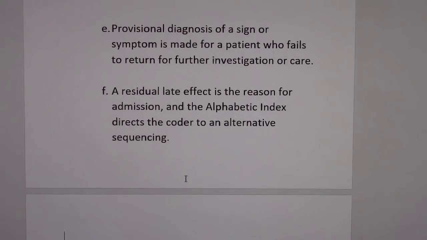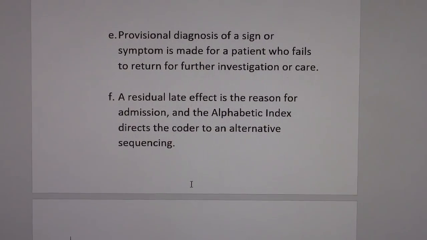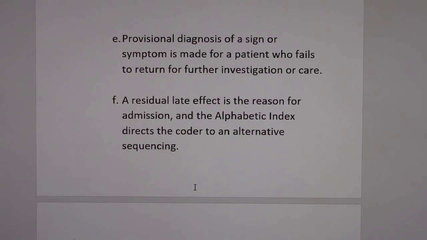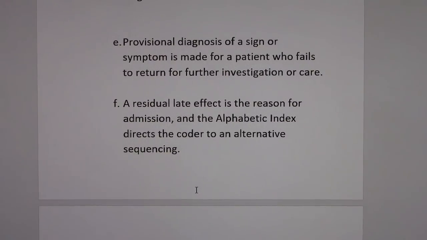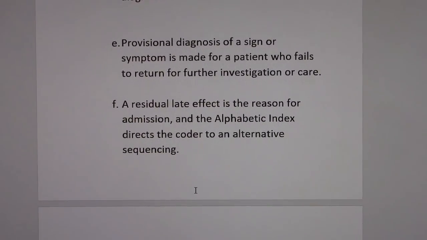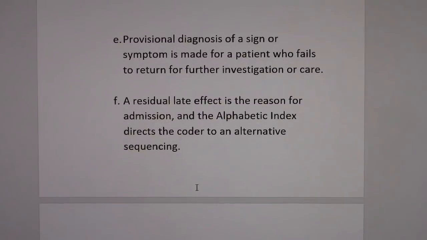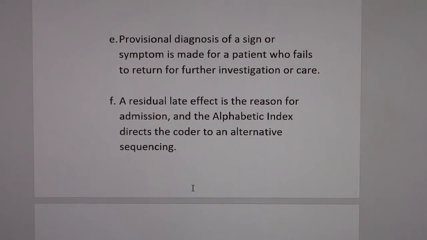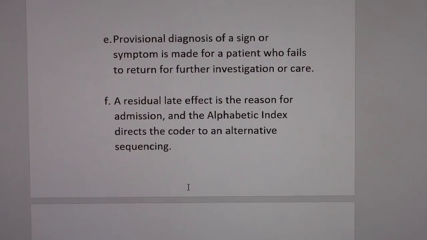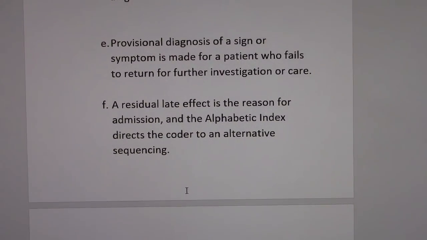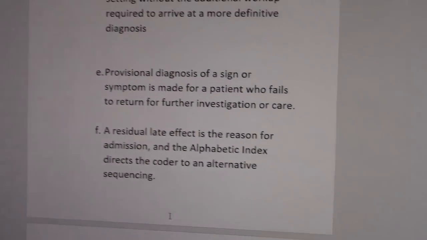And F, a residual late effect is the reason for admission, and the alphabetic index directs the coder to an alternative sequencing. And I've seen that too, where based on the sign or symptom code, that leads me to a residual. Let me see, how can I explain that?